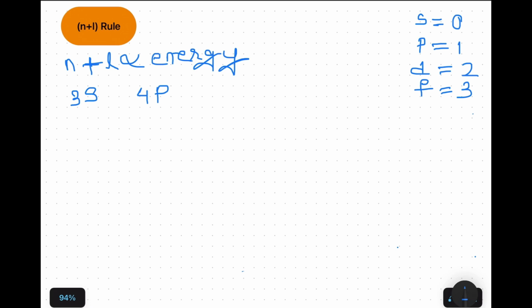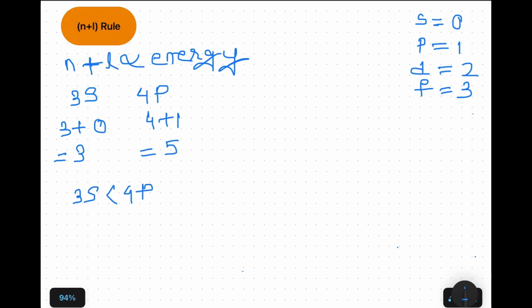So for 3s the value of N plus L will be 3 plus 0 is equal to 3, and for 4p it will be 4 plus 1 is equal to 5. So here you can see the 3s orbital has less energy than 4p orbital. So 3s will fill first and then 4p.